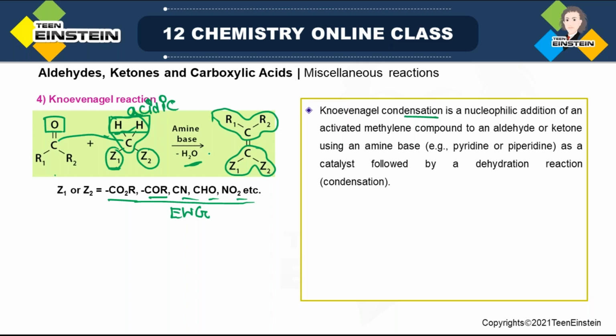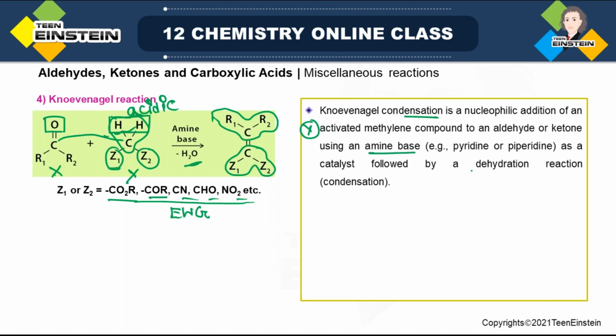Because this methylene group is activated. These two hydrogens are acidic in nature. That is why we are calling it so. And it is nucleophilic addition of an activated methylene compound to an aldehyde or ketone in presence of an amine type of base. Now the base that you are using is amine type. So that is why we are saying amine base.